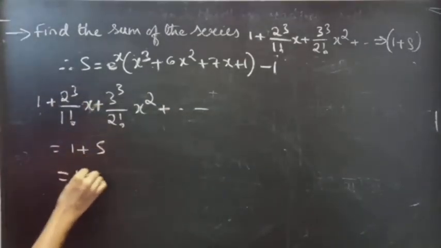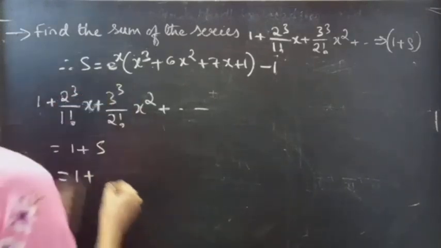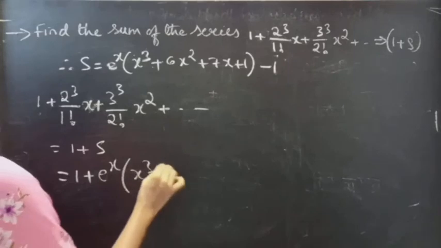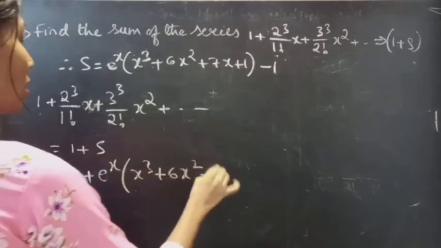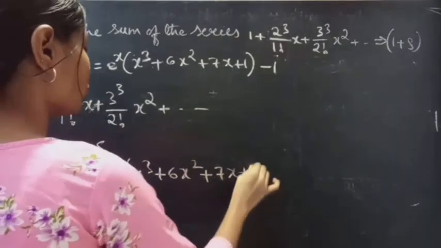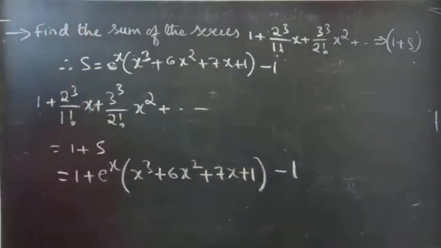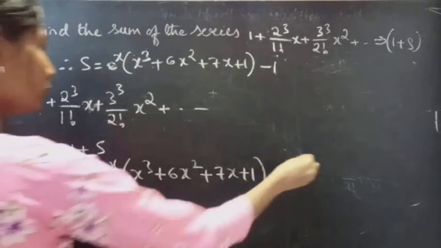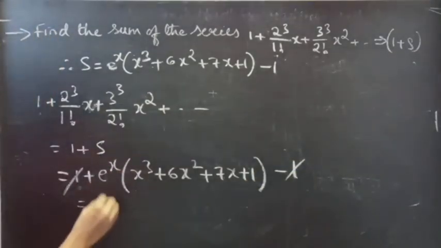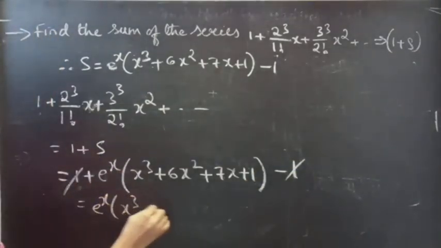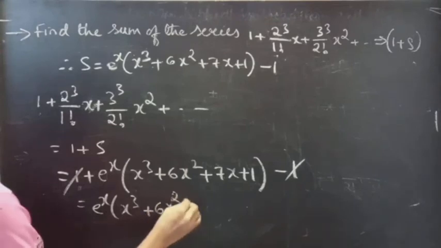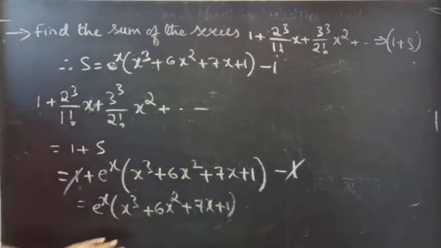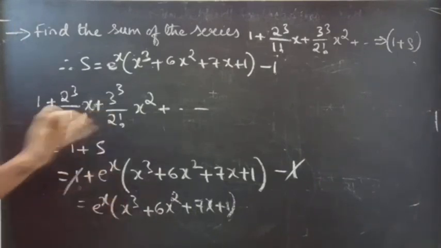Now replace s: e power x of x cube plus 6x square plus 7x plus 1 minus 1. So now we can cancel plus 1 and minus 1. Then you'll get e power x into x cube plus 6x square plus 7x plus 1. So this is the required sum of the given series.